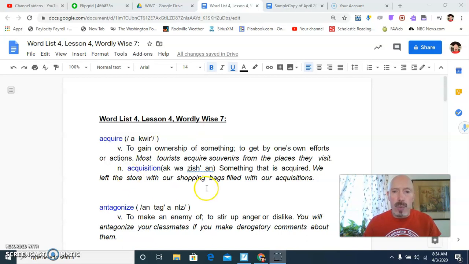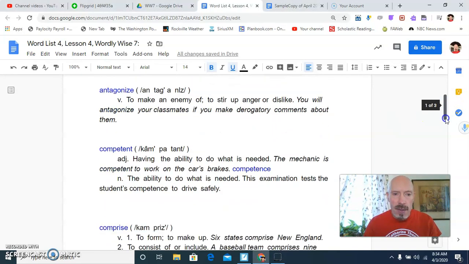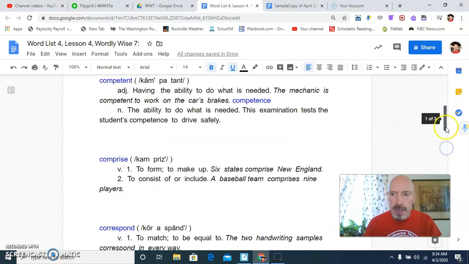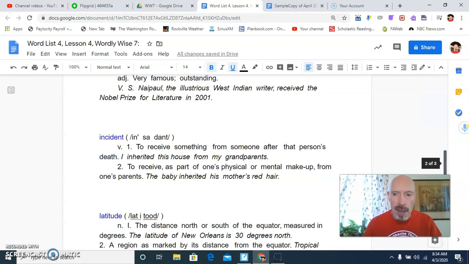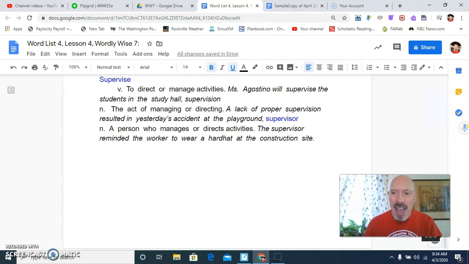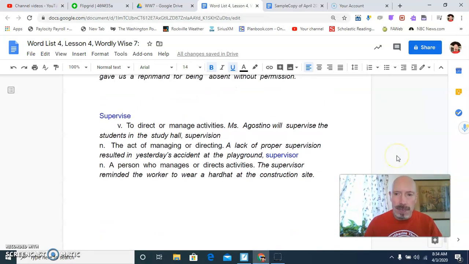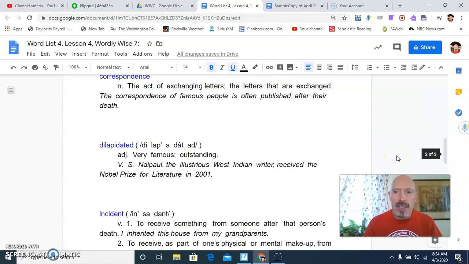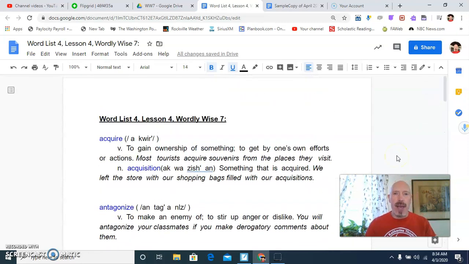So you get these words. There's 15 of these, and I'm going to expect you to work on them and learn them quickly, right? And so you don't want to spend all your time doing that.